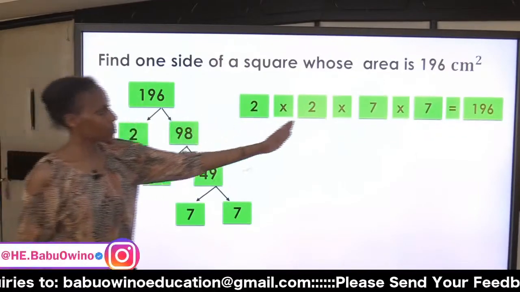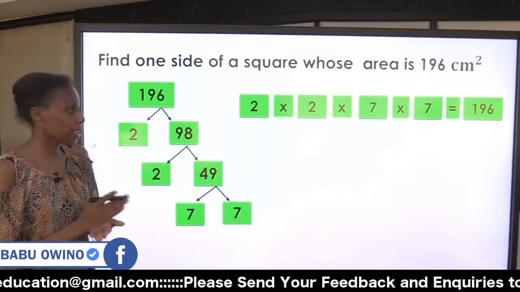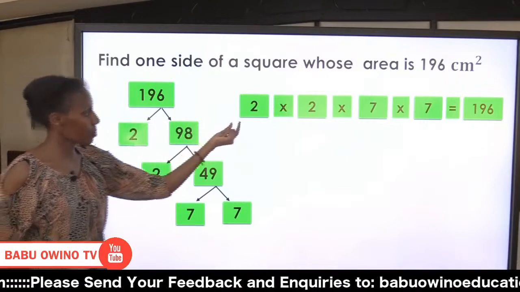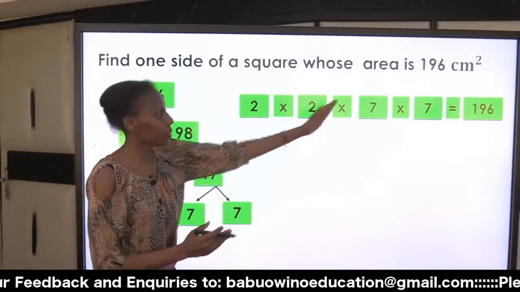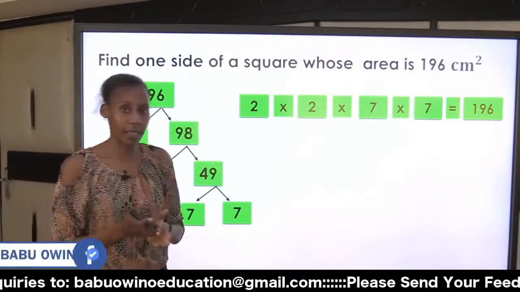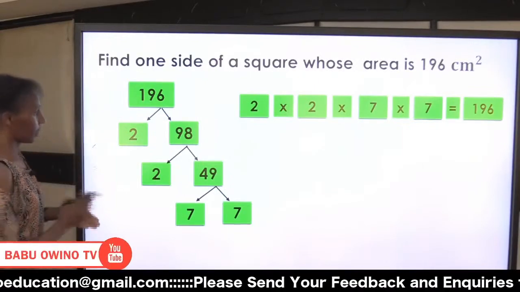I am going to express my number as a product of the prime factors. I've done that. And whenever you're doing that, remember the like ones, you put them together. Instead of having 2, 7, 2, 7, put all the 2's together, put all the 7's together, so that it's so easy for you to do the pairing.